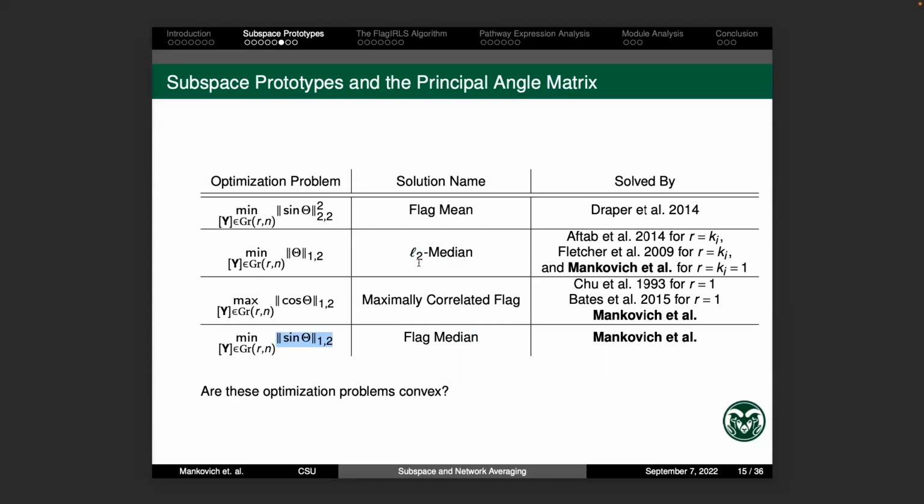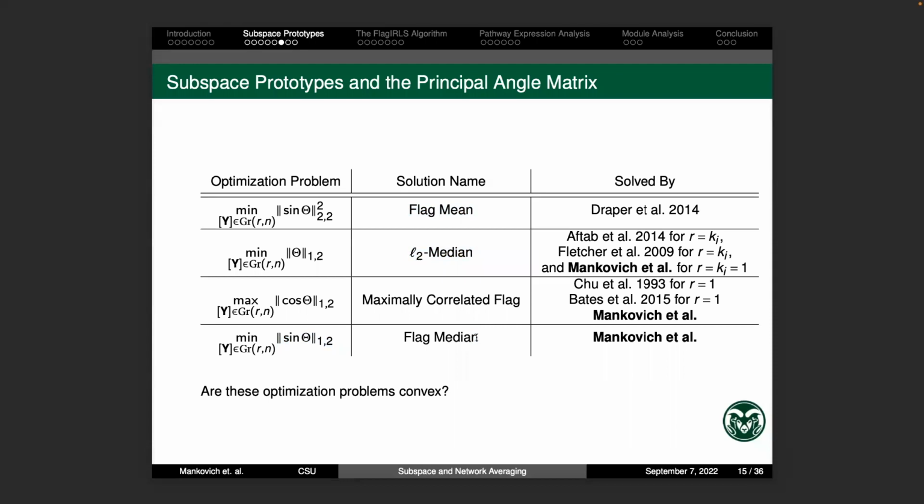I find that in examples, the flag median converges in very few iterations, and each iteration takes about the same amount of time as one iteration for the L2 median. It's also an iterative algorithm. But we do find that the flag mean, in fact, is way faster to calculate than the flag median, because the algorithm that I devised pretty much does a flag mean at every step.